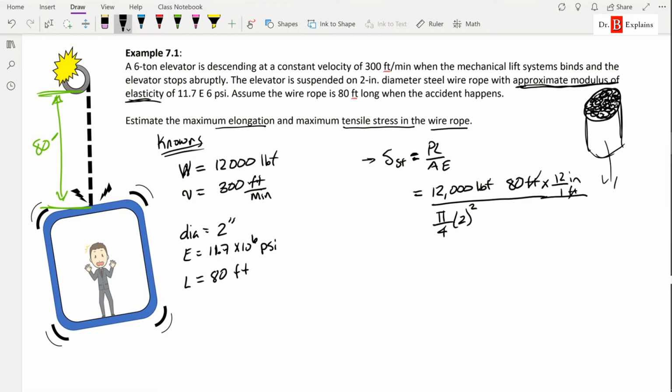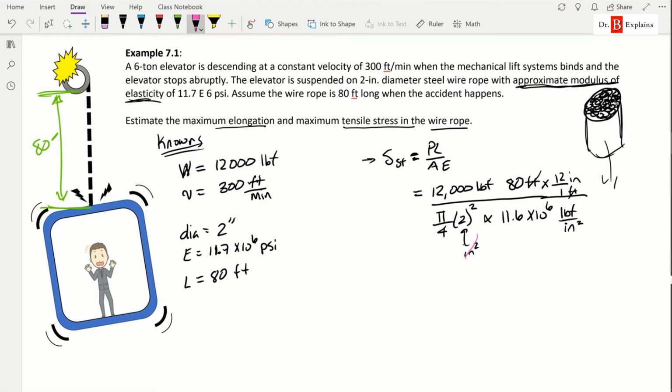Next is the elastic modulus, which in this case we're going to use the approximate modulus of elasticity, so this is 11.6 times 10 to the 6 pounds per square inch.